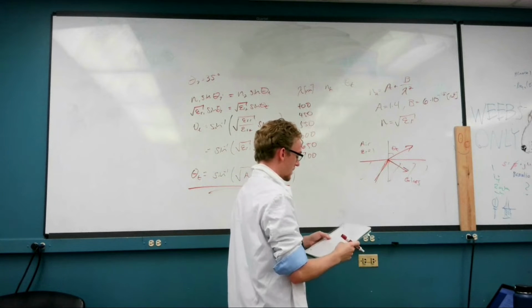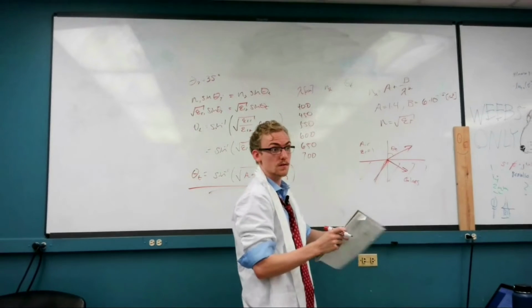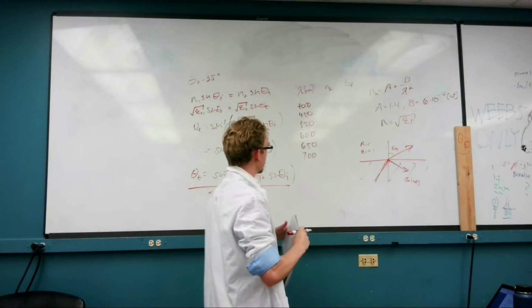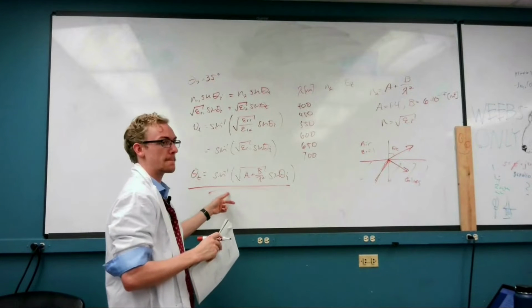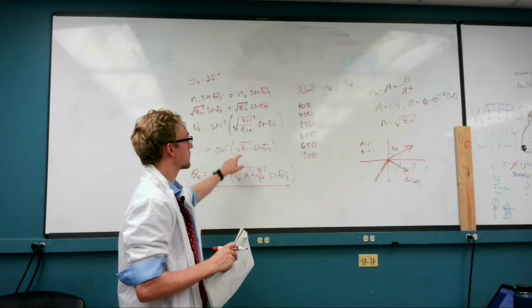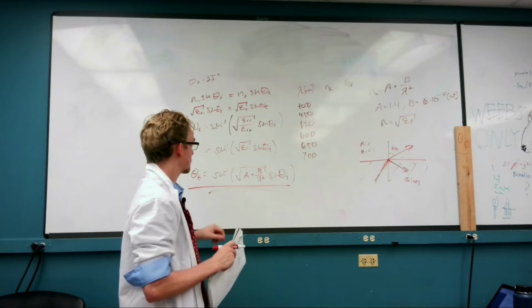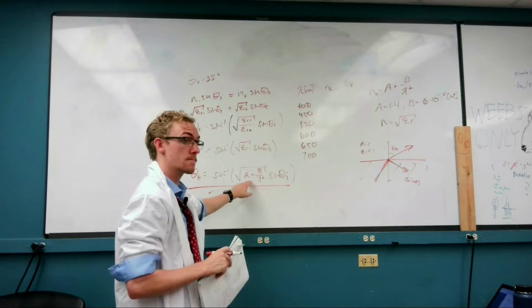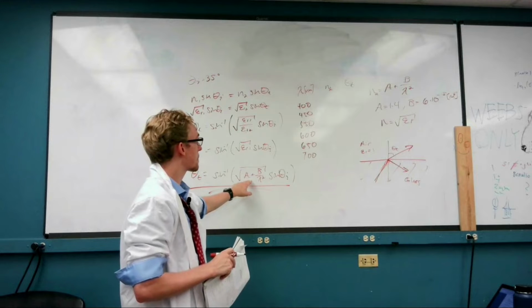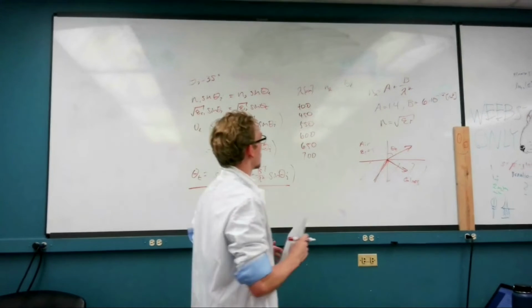When you run this into the equation, the equation for theta t, we already have the square root of... Wouldn't the square root disappear because it's just a direct substitution of n?